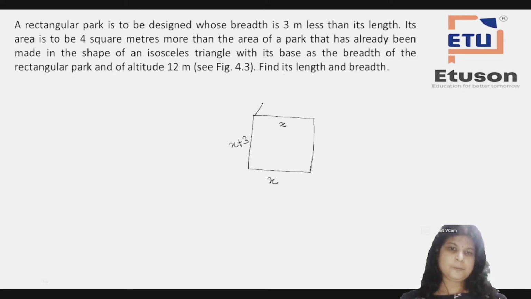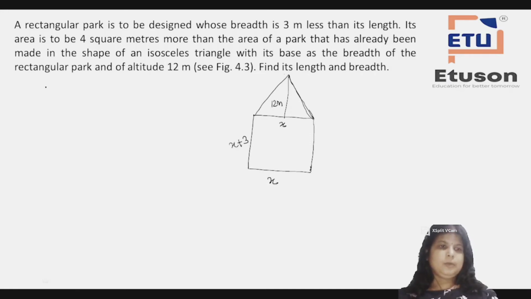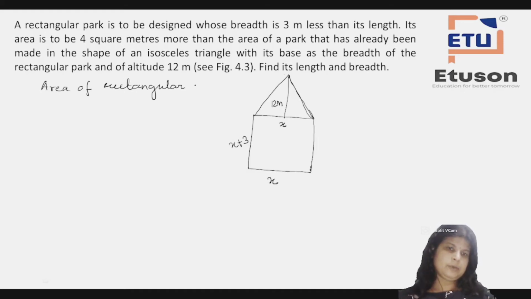So here, there would be an isosceles triangle having altitude 12 meters. So what is the area of the rectangular park? The area of the rectangular park is x into (x plus 3), and the area of the triangle is half into base into height, right?